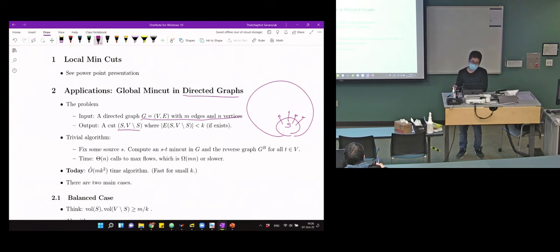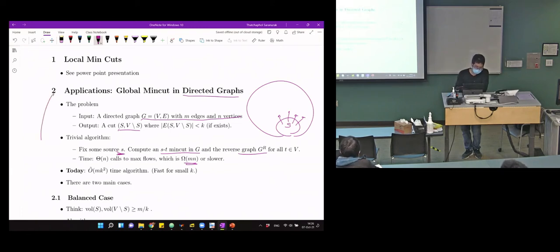So this is like a global min cut problem, but in a directed graph. The trivial algorithm to solve this is just to fix some source and run st min cut in G and in the reverse graph. So that takes n max flow calls, which is quite slow.